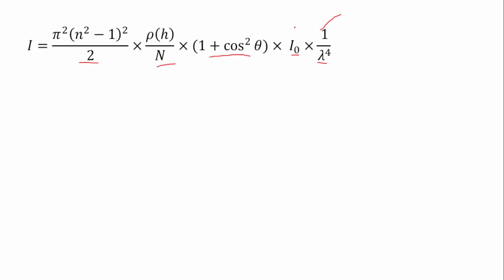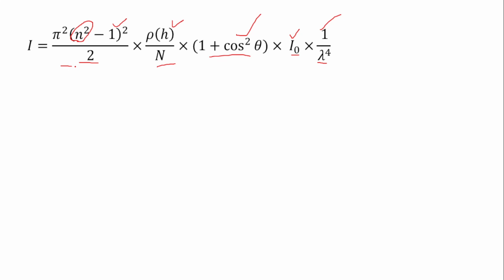Overall, there are 1, 2, 3, 4, 5 terms on the right side of this formula. And inside these terms, this small n, in fact, represents the index of refraction of air, and the index of refraction of air is almost same for all colors.